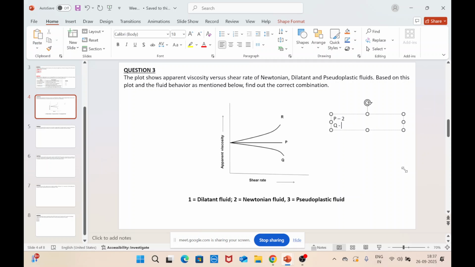It is Q. And R is going to be 1. Is this fine? R means apparent viscosity increases with the shear rate, which is typical for a dilatant fluid.